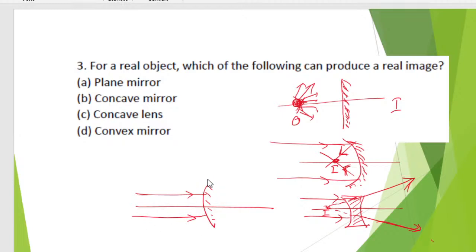In case of the convex mirror also you can see the rays will be diverged after reflection. So this ray and this ray will never intersect, and there will be no possibility of forming a real image. If they are supposed to meet at this point, we can get an image, but this image is also a virtual image only. Here only we can get a real image, so absolutely correct, that is a concave mirror only.